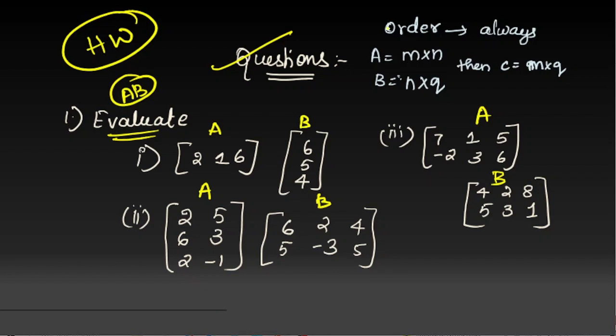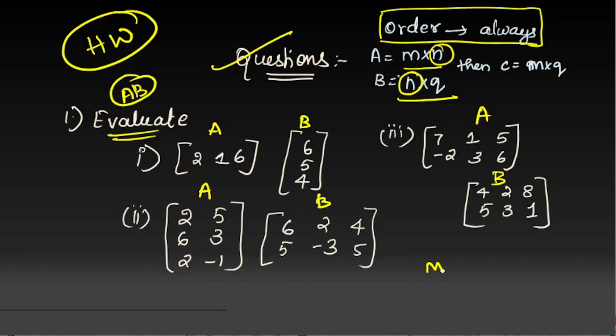Here you have to be very careful about the order. Always remember the order of the matrix when you are multiplying. If A matrix is m by n, then your B matrix should be n by q, meaning this n and this n should always be equal. I have used n and n only; you should not use any other variable here, because this n should be equal to this n, and m and q can be different values or the same values.